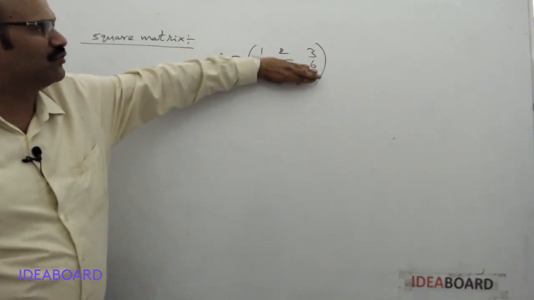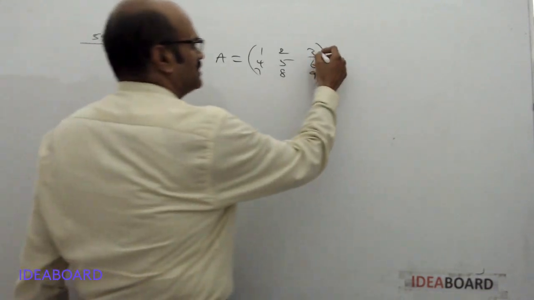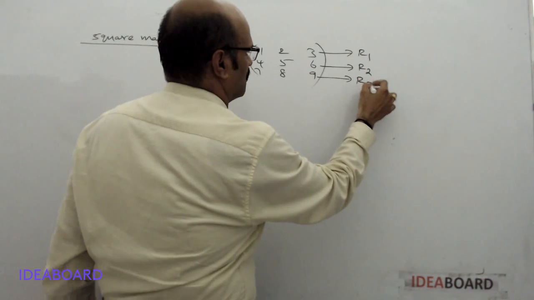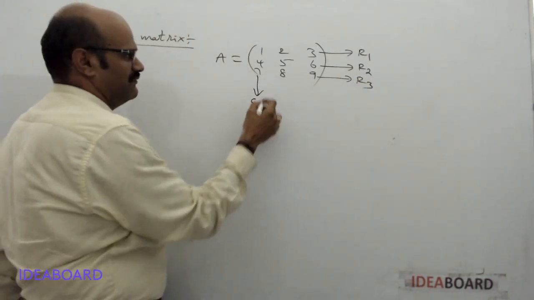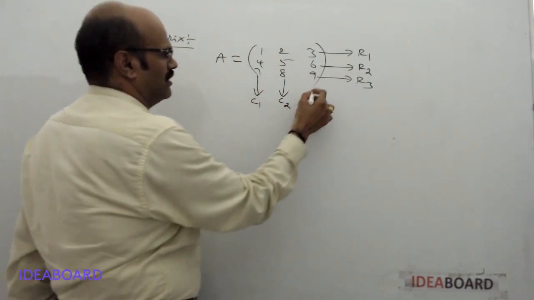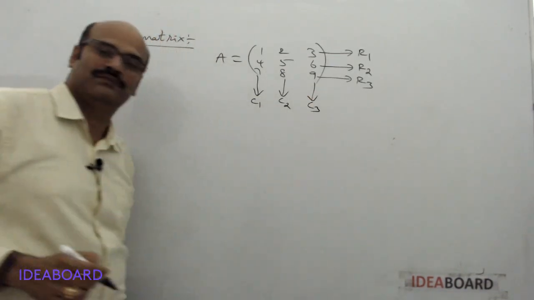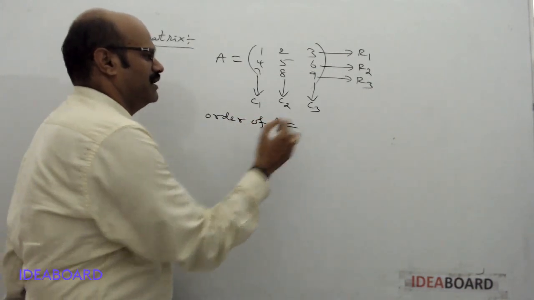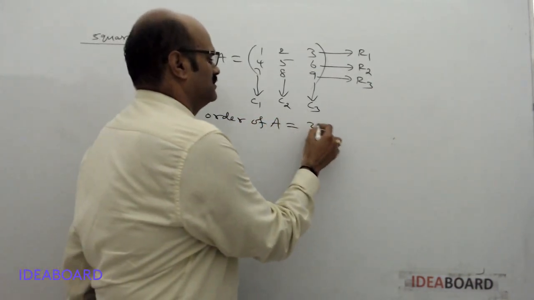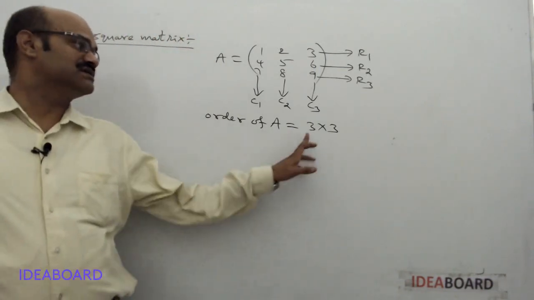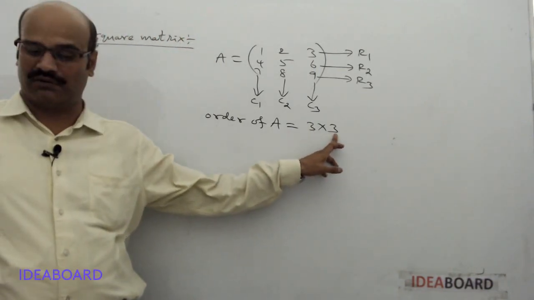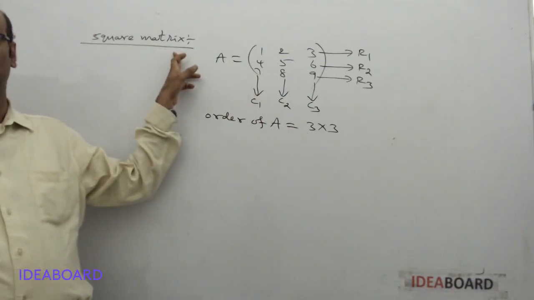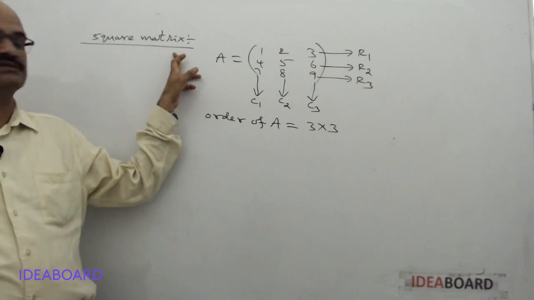This is R1, R2, R3, and here it is C1, C2, C3. So the order of A equal to 3 cross 3. Since the number of rows is equal to the number of columns, this matrix is said to be square matrix.